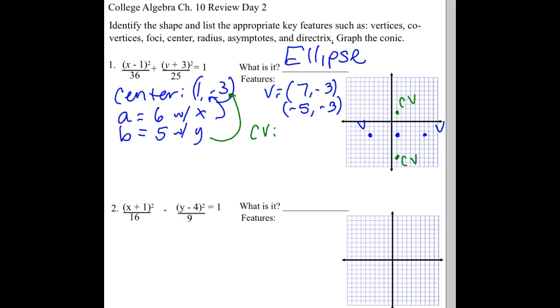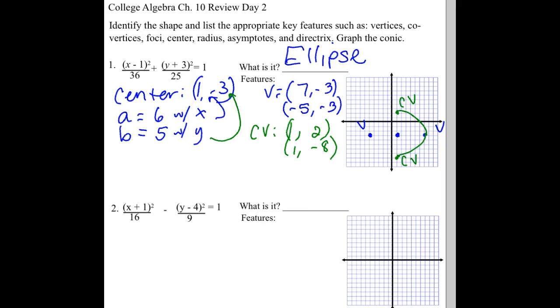So my covertices, if I add 5, I'm at 6, changing y. So 1 adding 5 puts me at 2, and subtracting 5 puts me at 1, -8. We okay with that? All right, now technically I could go ahead and draw my graph in, my ellipse.